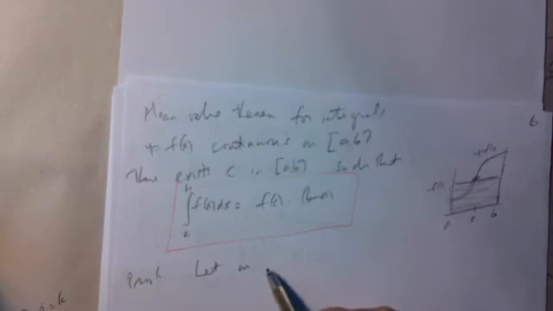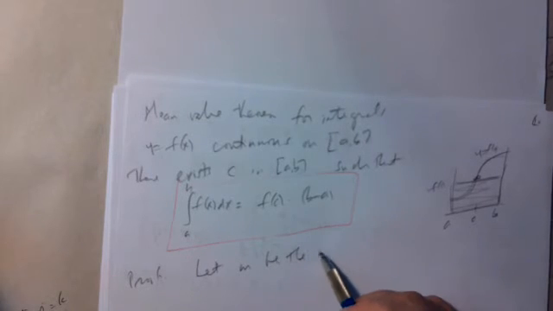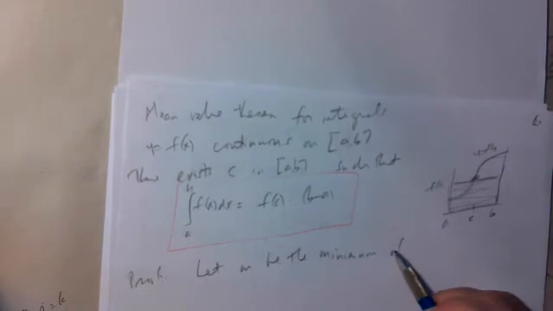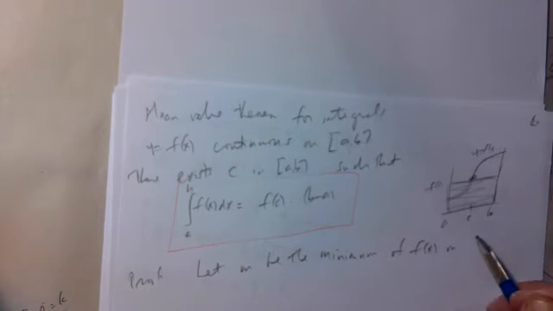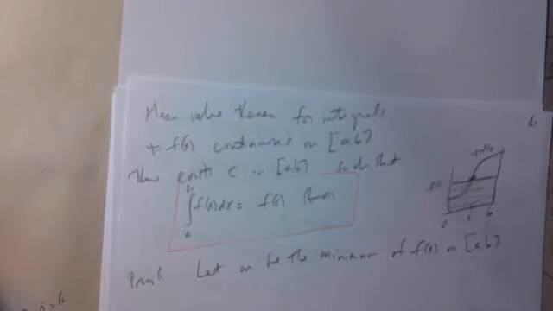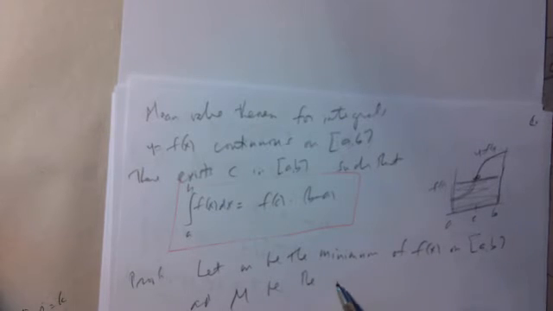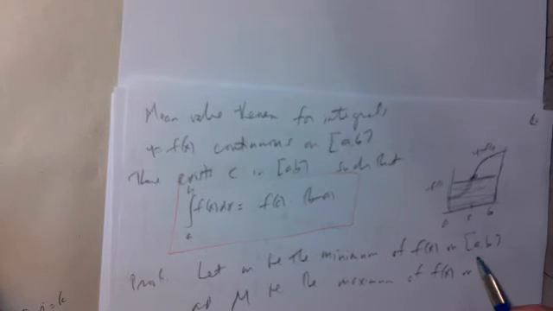So suppose we let little m be the minimum value of f of x on this interval, and capital M be the maximum of f of x on the interval.